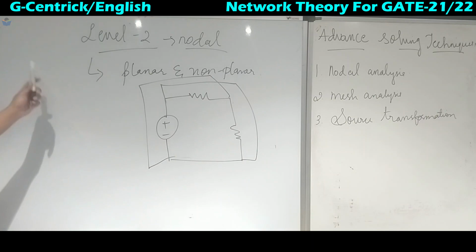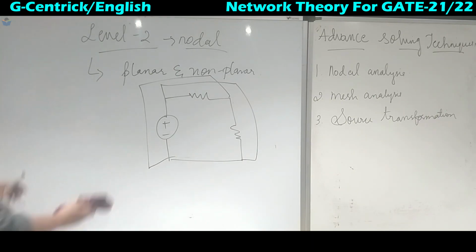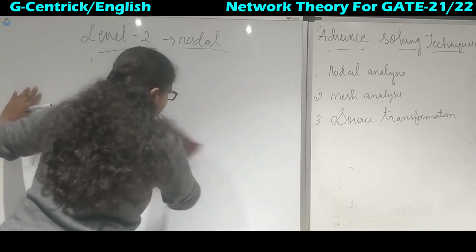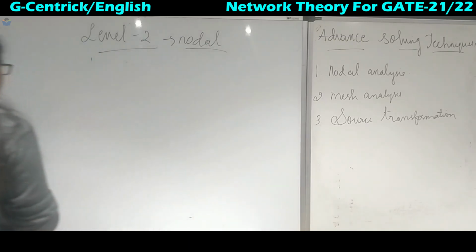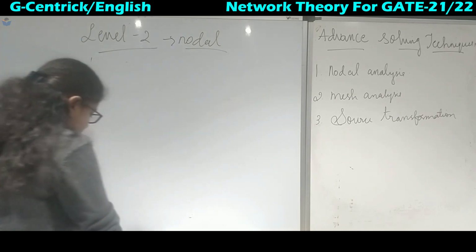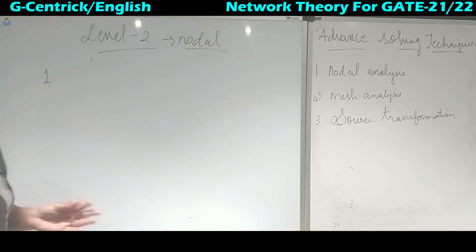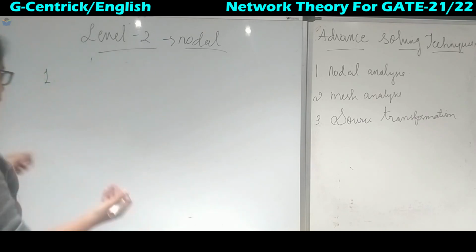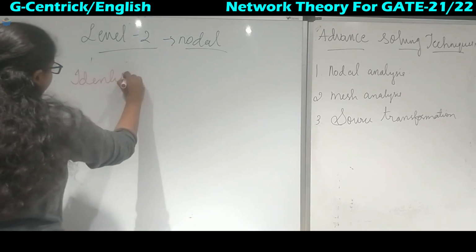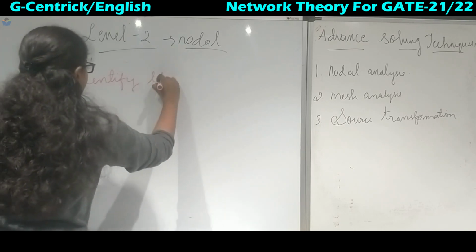This is applicable for both planar as well as non-planar. And coming to the procedure, how we can apply nodal analysis to circuits. The first step is to identify all the nodes present in the circuit.